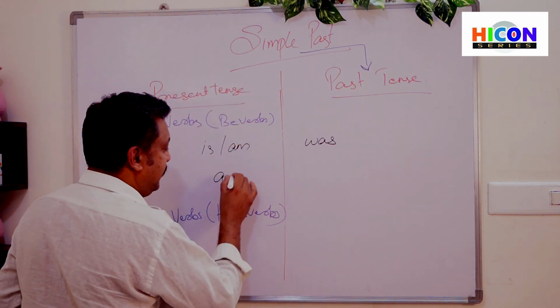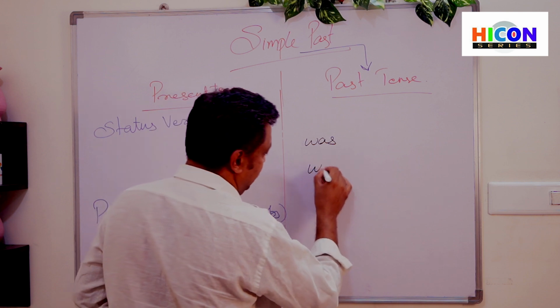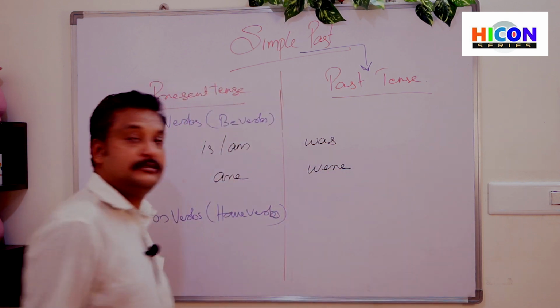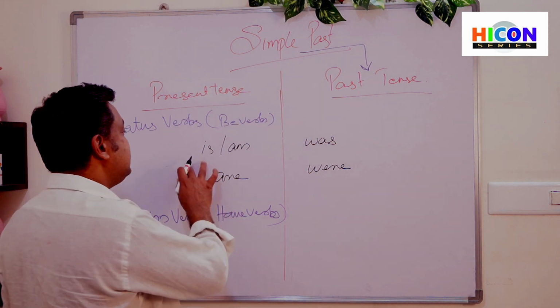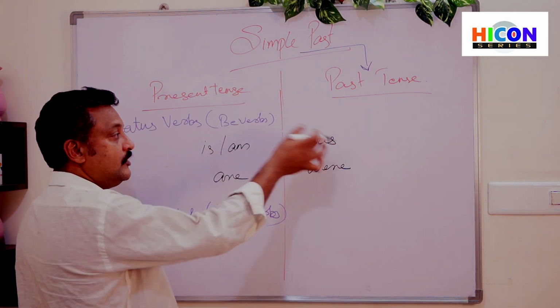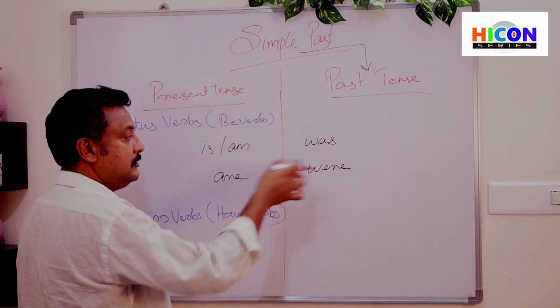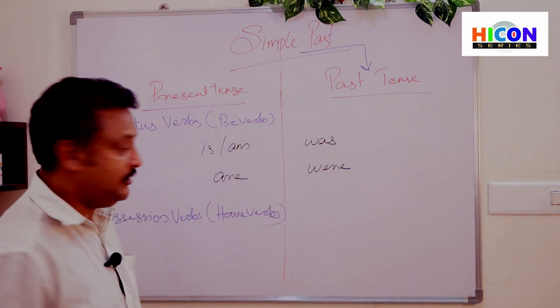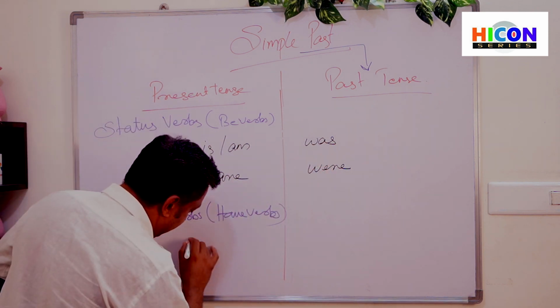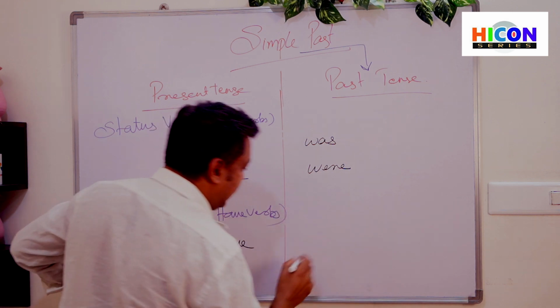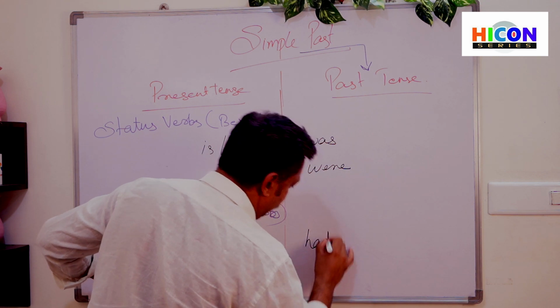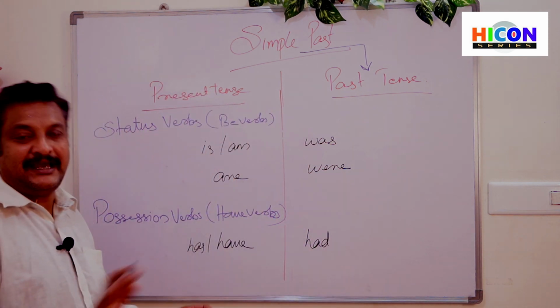We have are in present tense, and were in past tense. Okay. Now here we have has and have. For both has and have, we have only one past tense form, that is had.